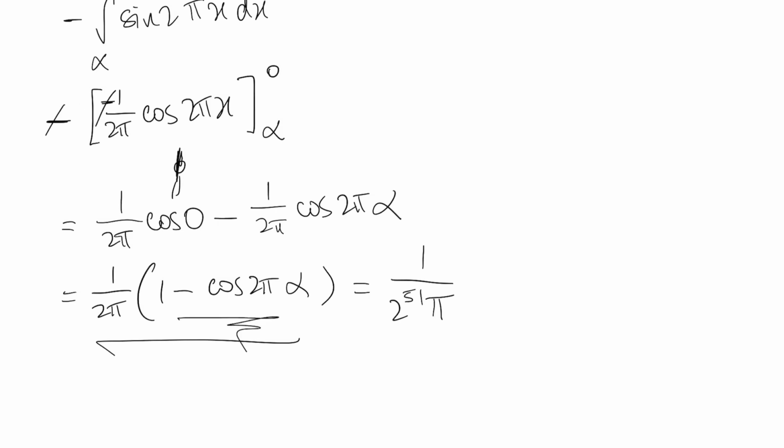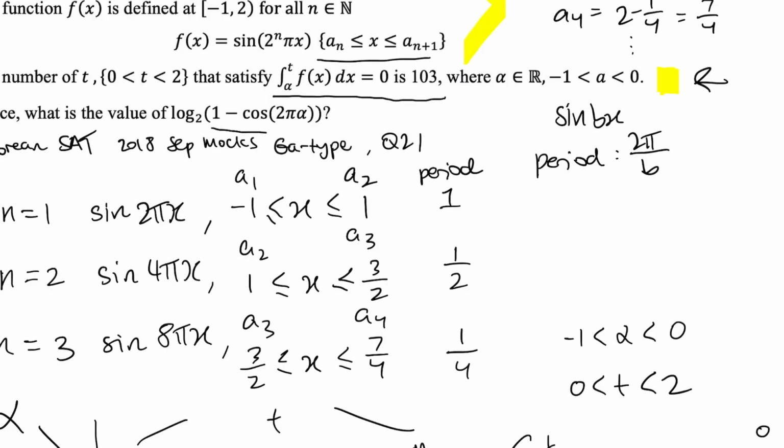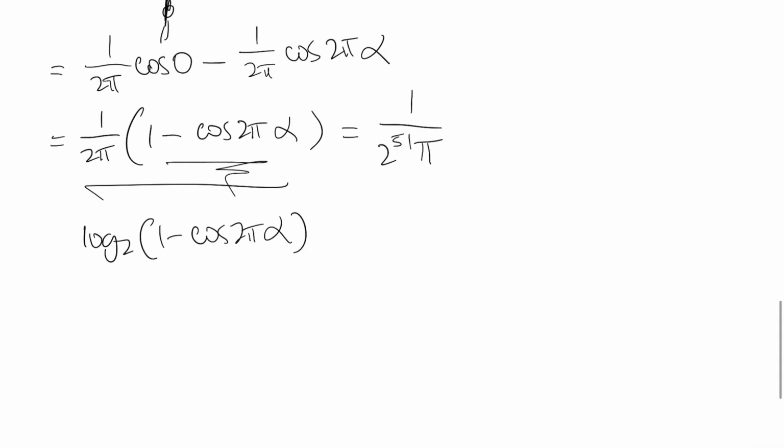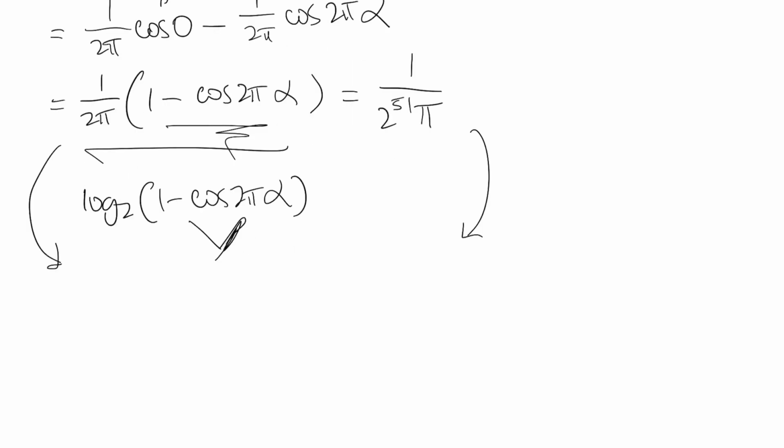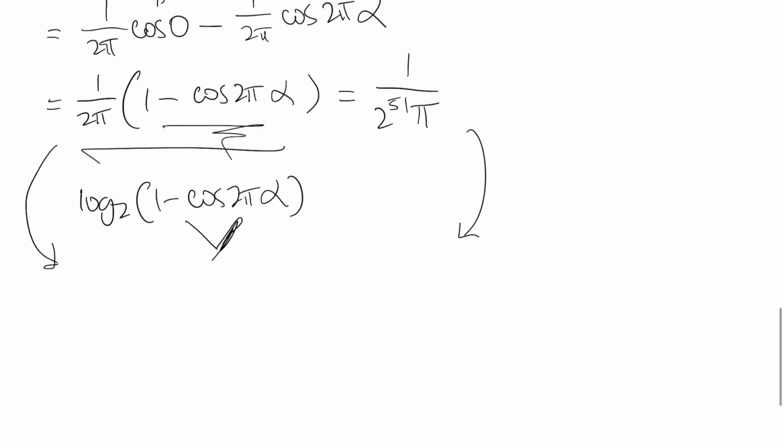I think this looks a bit familiar. Let's see why. So we actually want to find log base 2 of 1 minus cosine 2 pi alpha. And that's exactly what we have here. And so let's just find this on its own. We can divide 1 over 2 pi on both sides. So we will get 1 minus cosine 2 pi alpha equals 2 pi over 2 to the power 51 pi.